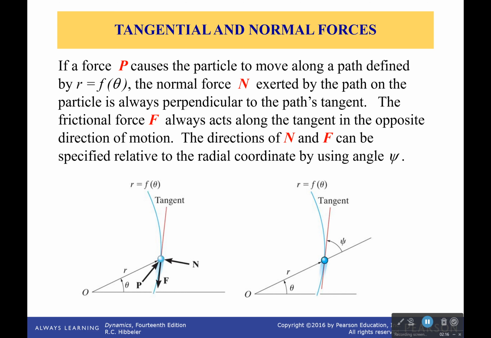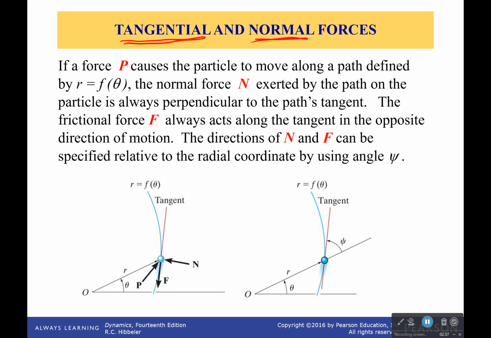Now, I freaked you out here. I know I did, because I suddenly started talking about tangential and normal forces. And that freaks you out because you're like, wait a second, this isn't the nt coordinate system. And you are correct, okay?